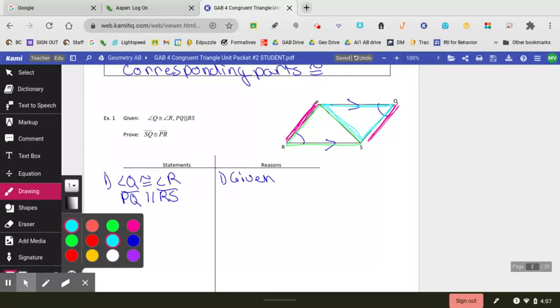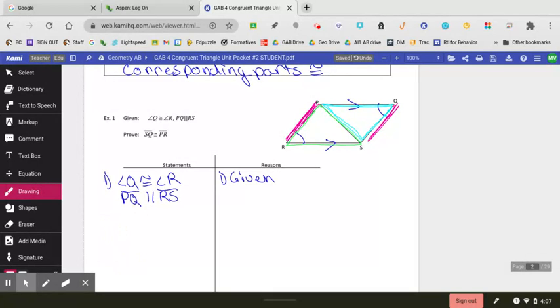Looking at my given, Q is congruent to R, that's an angle. So in order to get these congruent, I'm looking for one of my four methods: side, side, side, angle, side, angle, angle, angle, side, or angle, angle, side. Remember, we can never use side, side, angle because that's a bad word that I'd be writing on a math test.